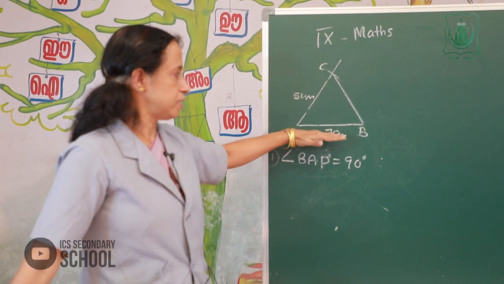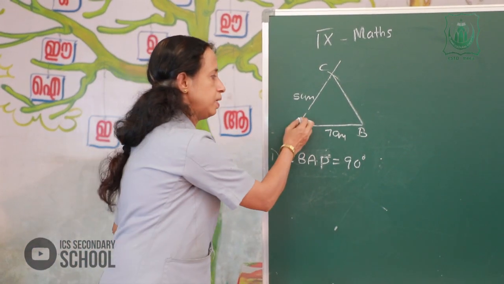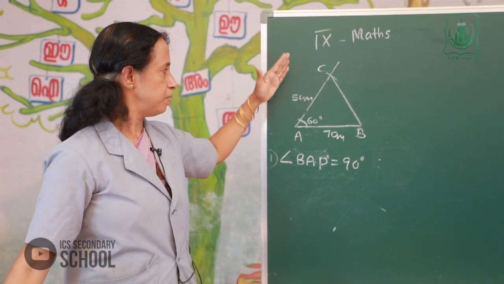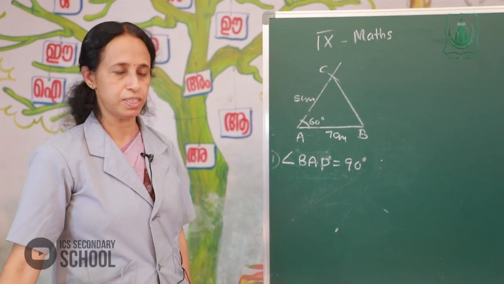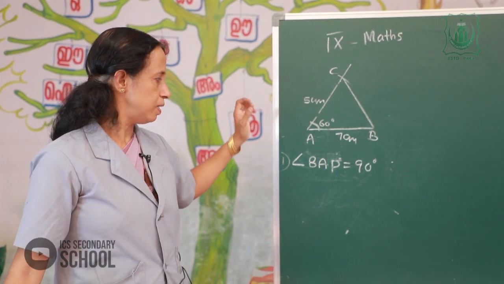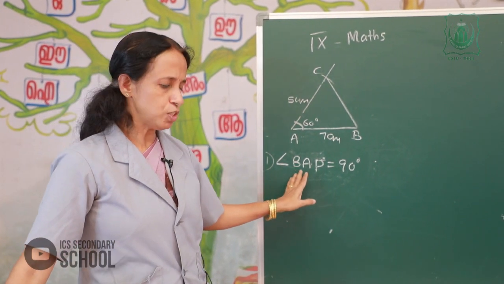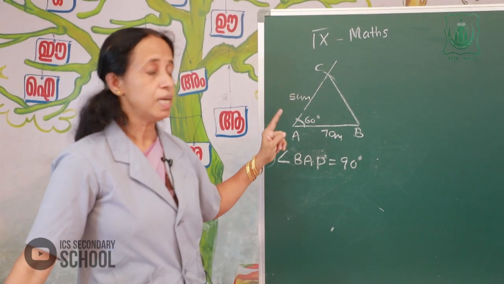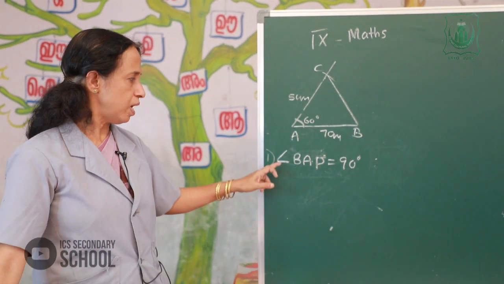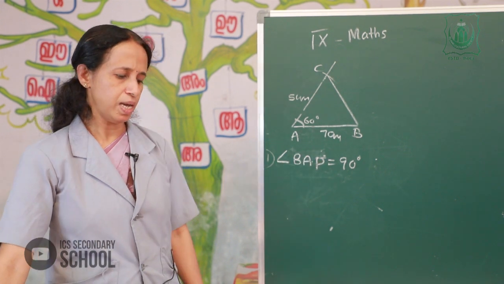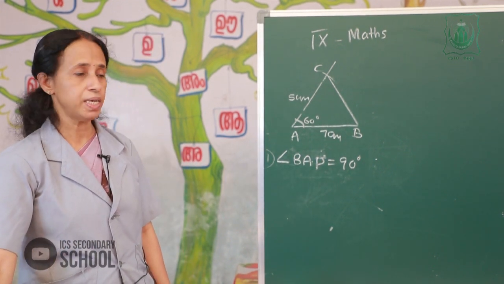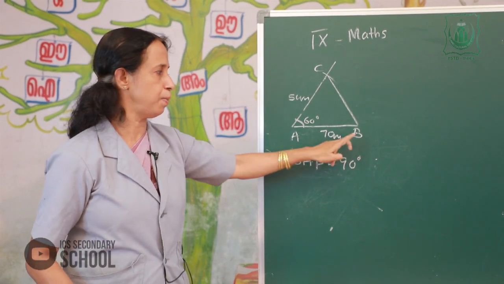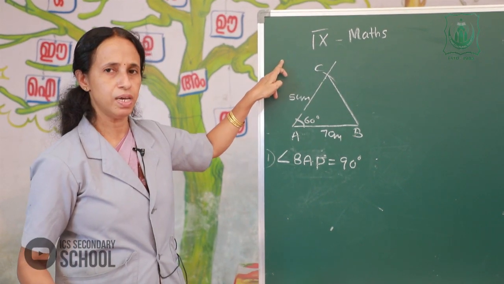The measure of the triangle, 7 centimeter, angle 60 degree and other side AC equal to 5 centimeter. Next draw a triangle of the same area. That triangle is triangle ABP. Here angle BAP is given. Angle BAP is equal to 90 degree.